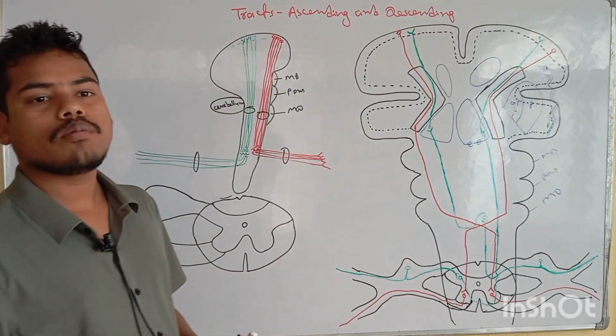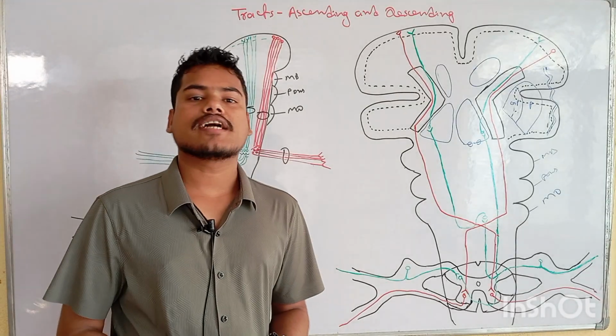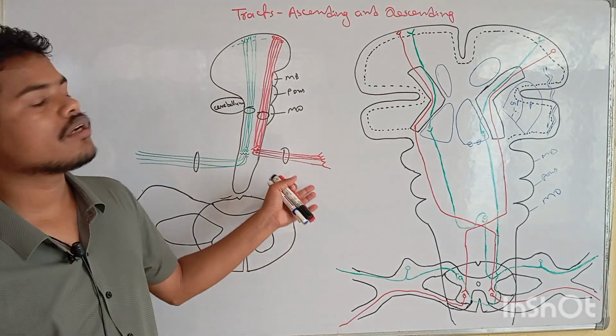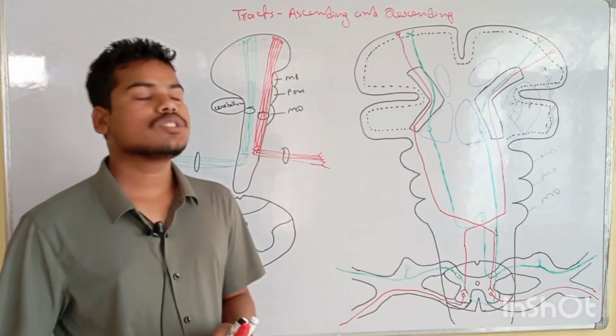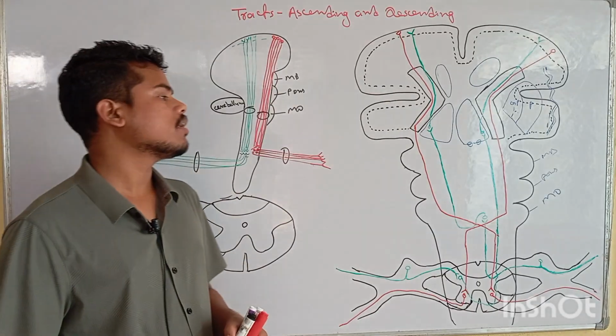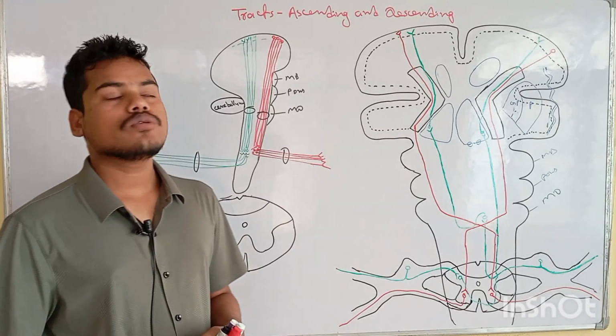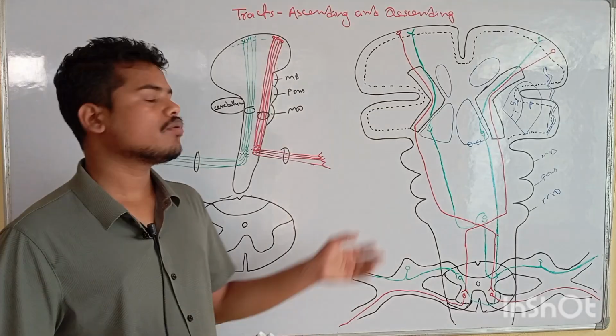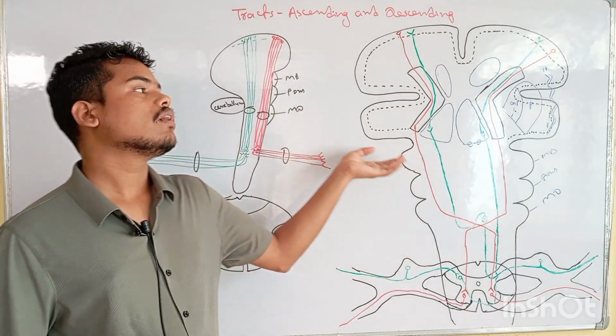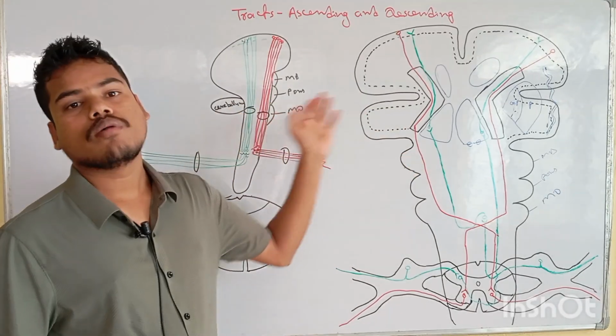Today we will talk about the ascending and descending tracts, and this will be the continuation of the neuroanatomy and neurophysiology. In the previous lecture, the introduction to neuroanatomy and neurophysiology, I talked in detail about the sensory system and motor system.